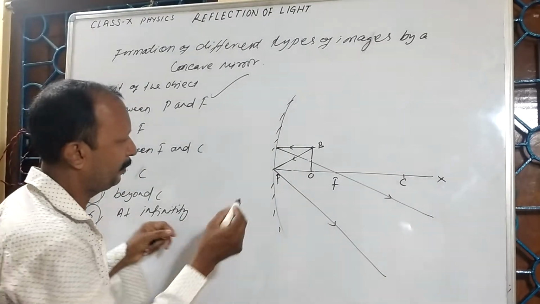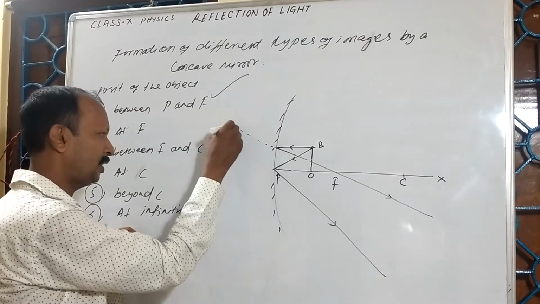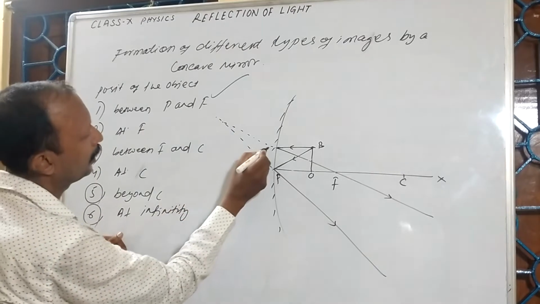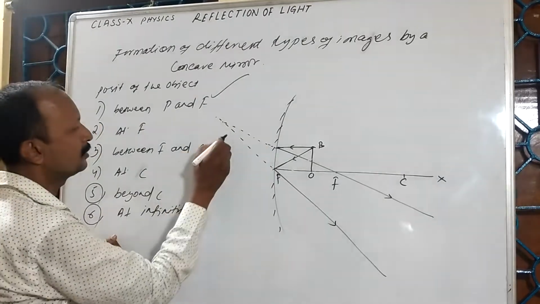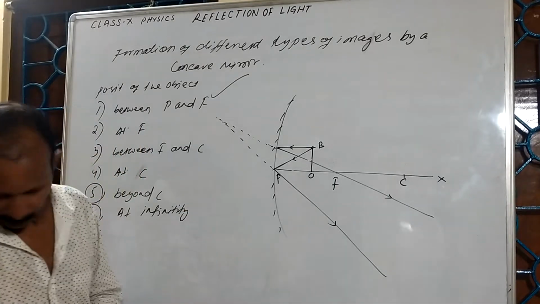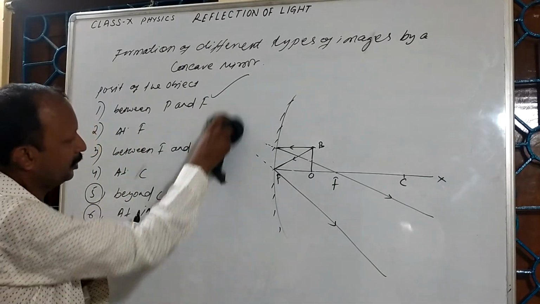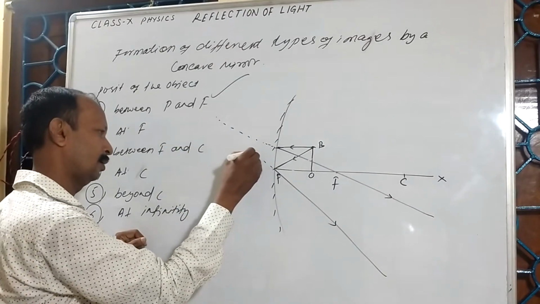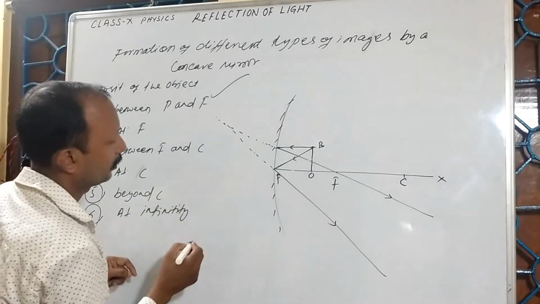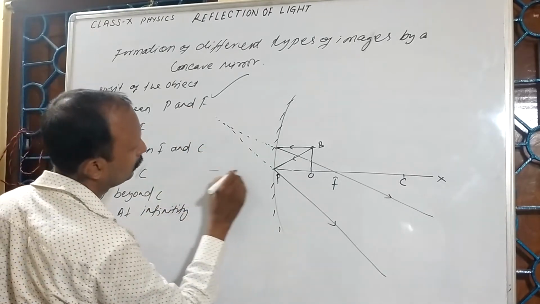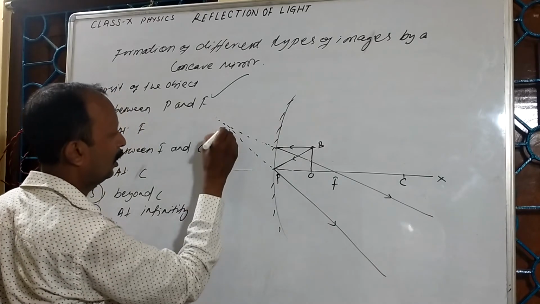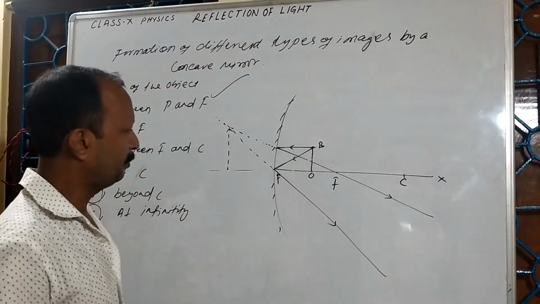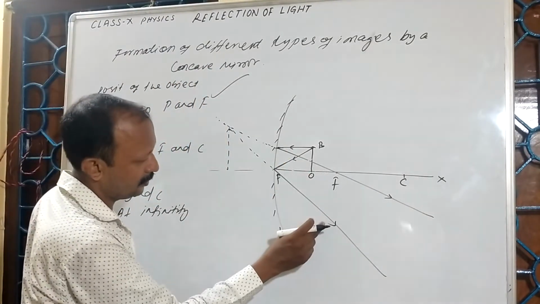So in this case what will happen? If I extend it, so it is meeting, perfectly not coming. Okay, see here. This is the image. How is the image formed? This is the reflected ray, this is the reflected ray.